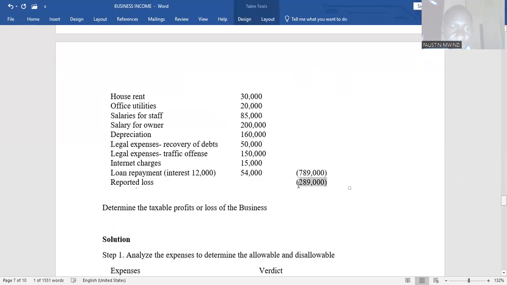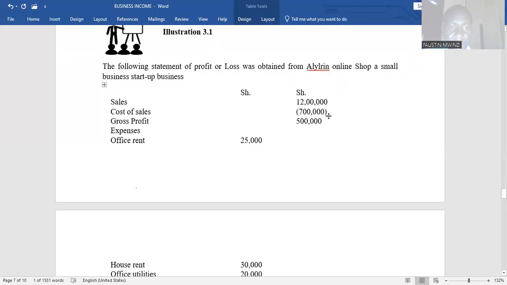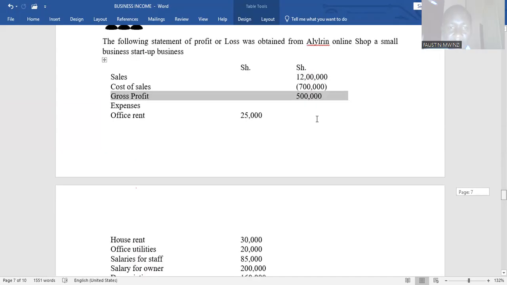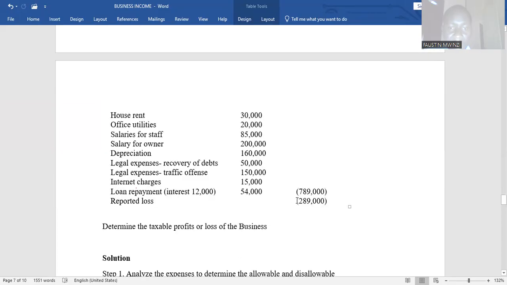Now these guys, and this is their sales, their cost of sales, their gross profit. And then the story continues to flow. They incur expenses, as you see down there, until they come to report a loss of 289. Let us see how this one is tackled.